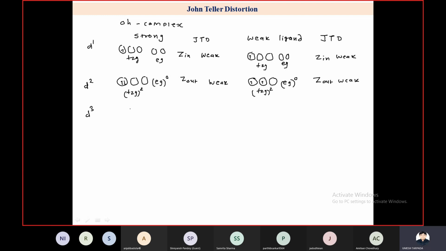Z in and Z out, of course, you can decide theoretically. Earlier it was proposed from experiment, but now on that evidence the theory was set up, and the conclusion is that T2G1 and T2G4 show Z in, and in the rest of the cases you can have a Z out.